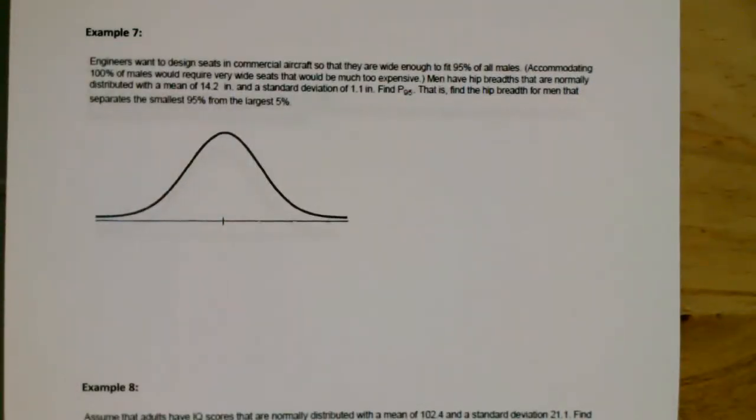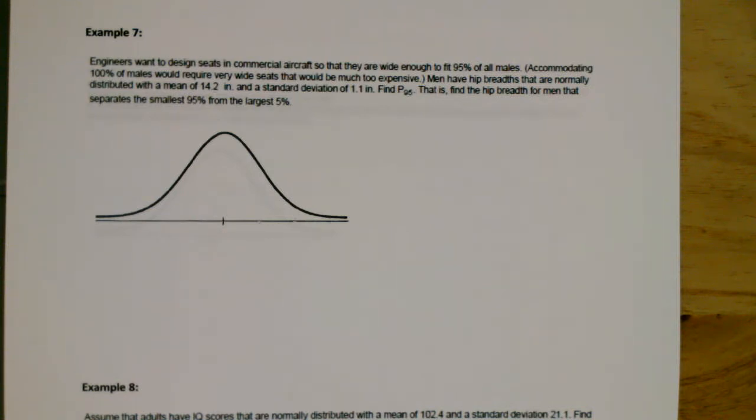All right, here's another example. That's this. Engineers want to design seats in commercial aircraft so that they are wide enough to fit 95% of all males. Accommodating 100% of males would require very wide seats that would be much too expensive.